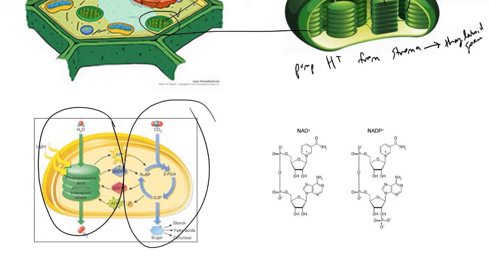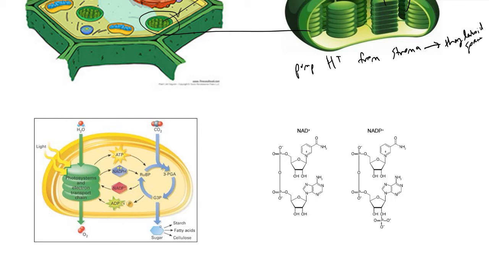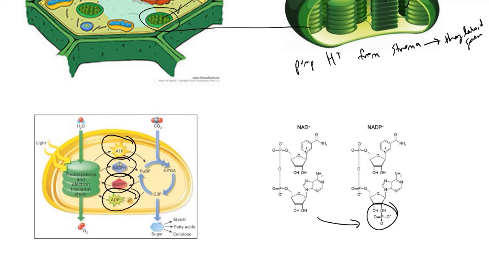The key intermediates that we see in this reaction are NADPH, NADP+, ATP, and ADP. And what is important to note about NADP+ relative to NAD+ is that it is the exact same molecule except for the existence now of this additional phosphate group here.